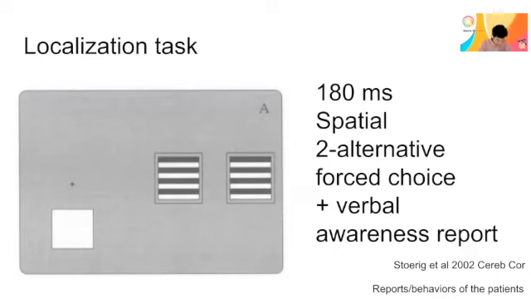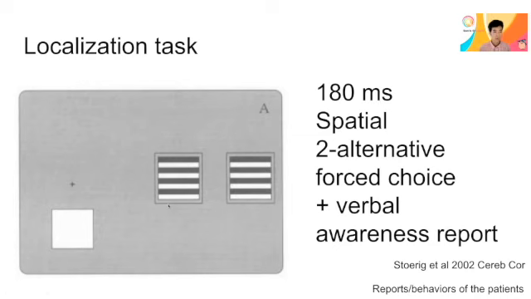To go into the detail of this phenomenology, first we are going to look at what happens when we present some kind of stimulus to these blindsight patients and then ask for some kind of report in each trial.